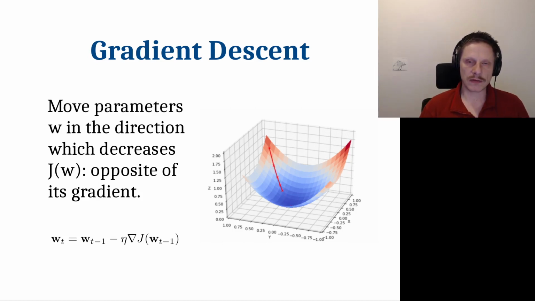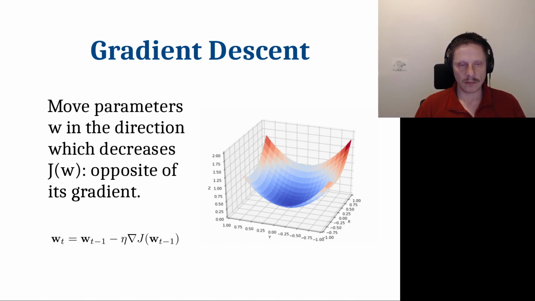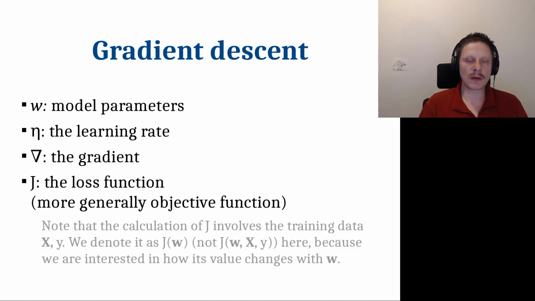And so this is what the update looks like. The parameters at time t are going to be updated with respect to the parameters at the previous time by subtracting the gradient, which is indicated by this inverted triangle symbol, multiplied by this coefficient eta, which is known as the learning rate.